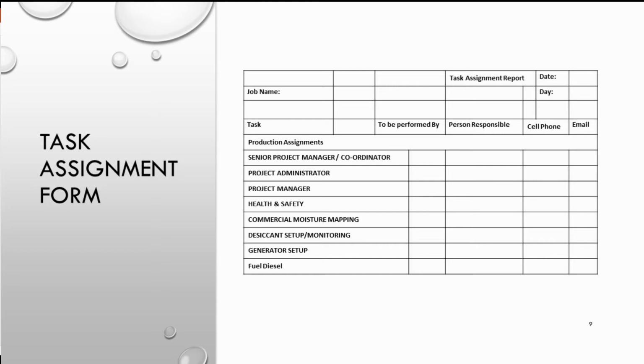So spread this form around each day, once if you have any changes on it, to make sure everybody, including the building owners or the management of the property, is included in this so they know who's responsible as well. You got a date and a day up there. That's for whatever the date and the day of the week is.